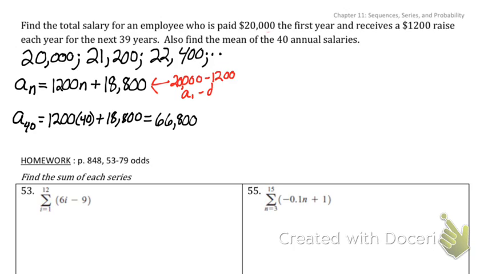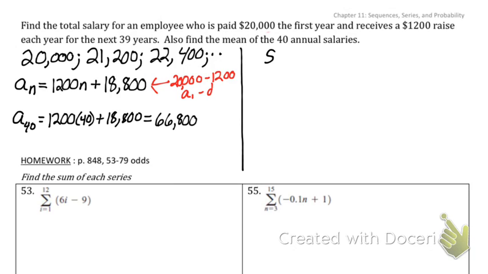So we're supposed to find the mean of the 40 annual salaries. Well, the mean is adding everything up and dividing by how many we have. So I need to get that sum. I need to get how much he actually makes in 40 years, if he doesn't spend a cent of it, how much he just makes and banks over 40 years. To do that, we need to do our partial sum equation.